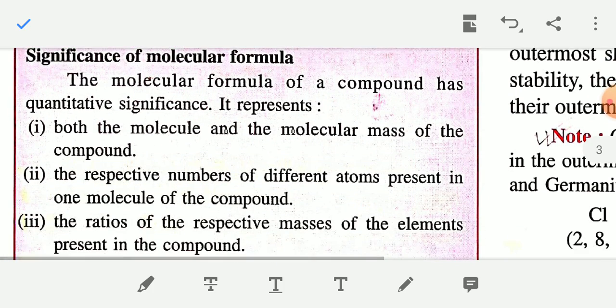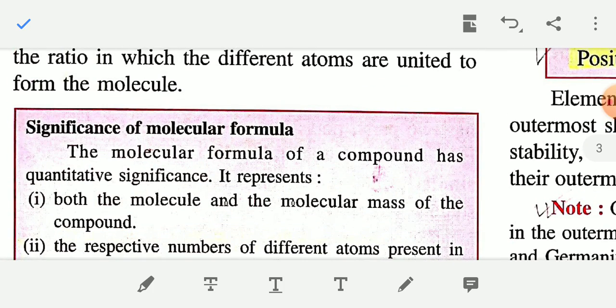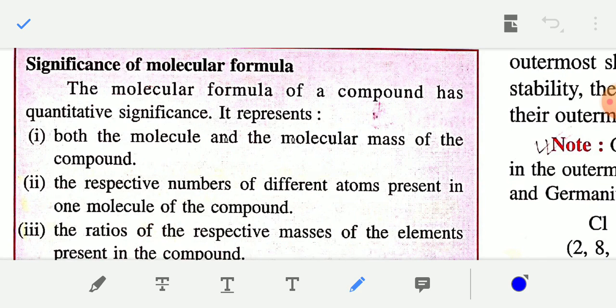Now see significance, like the significance of a symbol, there are some significances of a molecular formula. The molecular formula of a compound has quantitative significance. It represents both the molecule and the molecular mass of the compound.